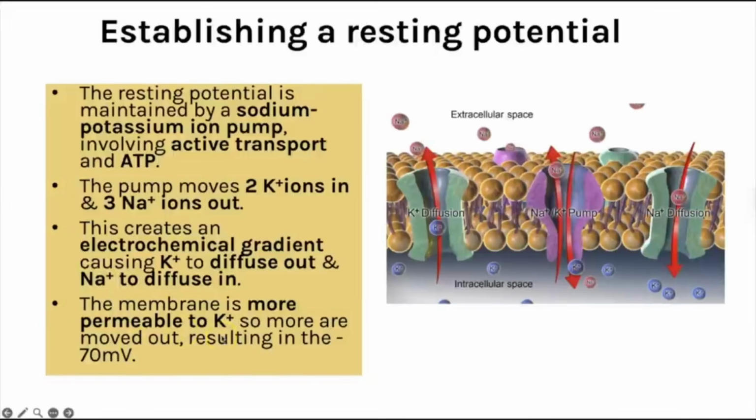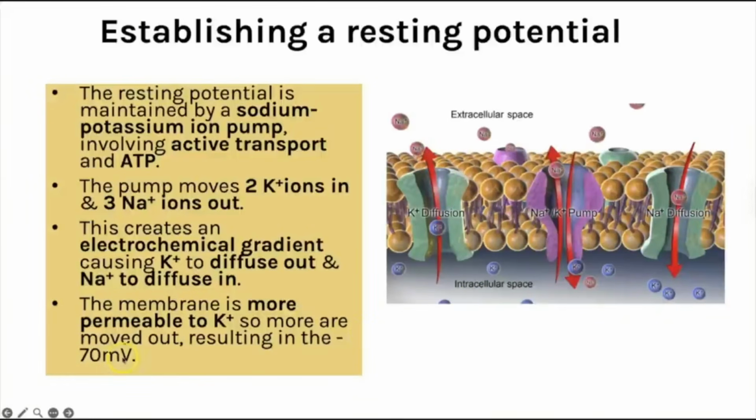But the membrane is more permeable to potassium ions because there are more of these potassium ion channels, and also there's some that are permanently open, whereas the sodium ion channels, there are fewer of them and some aren't always open. So although you have sodium ions diffusing in, you have far more potassium ions diffusing out, and that's why it's more positive outside than it is inside the axon, and you get this minus 70 millivolts.